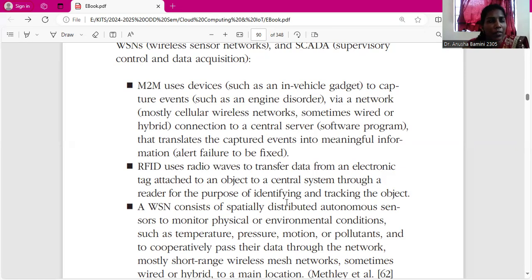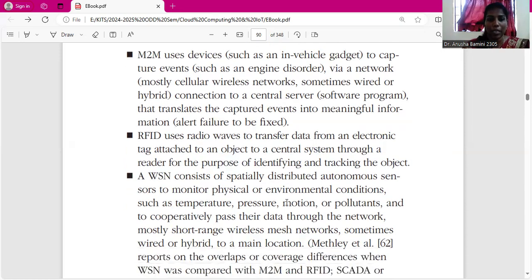For example, we use a temperature sensor, smoke sensor, cold sensor, motion sensor, etc. From these sensors we can gather the data through the network, and that network is called a wireless sensor network. Sometimes we can gather information from a wired network also, which is called hybrid mode. In some locations, this wired or hybrid mode is also supported. This is the third pillar of IoT.